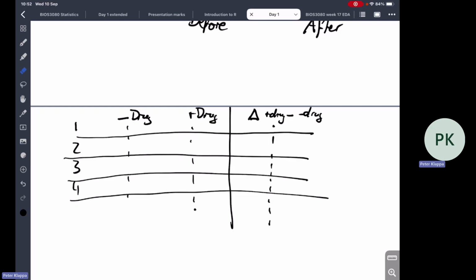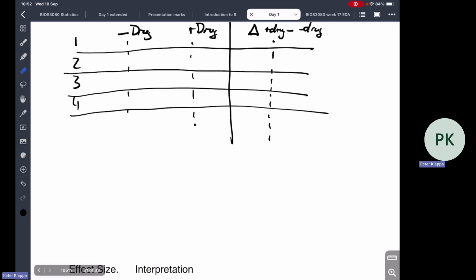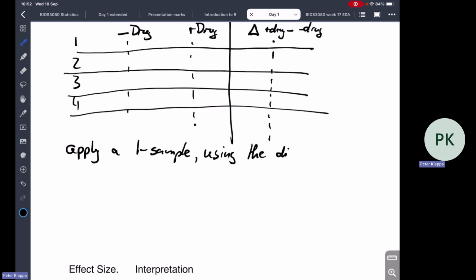And now you say, basically, this is nothing different to using a one sample t-test. Apply a one sample t-test using the difference values, not the plus or the minus drug, you use the difference value and compare it to 0.